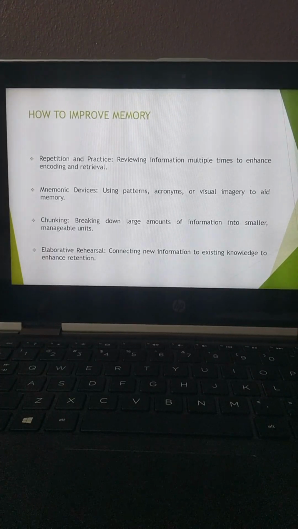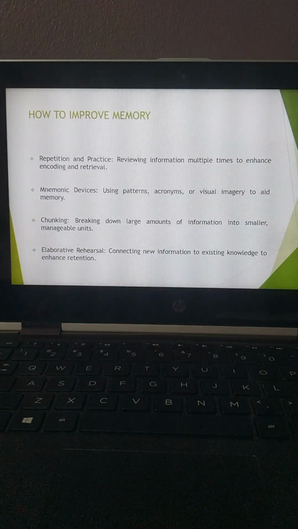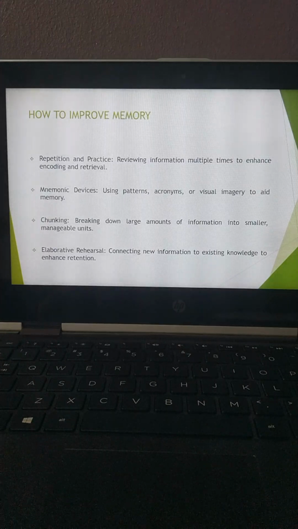How to improve memory? There are several ways to improve how we are able to store and retrieve information whenever we need it. The first is repetition and practice. This is reviewing information multiple times to enhance encoding and retrieval. Remember, practice makes perfect.